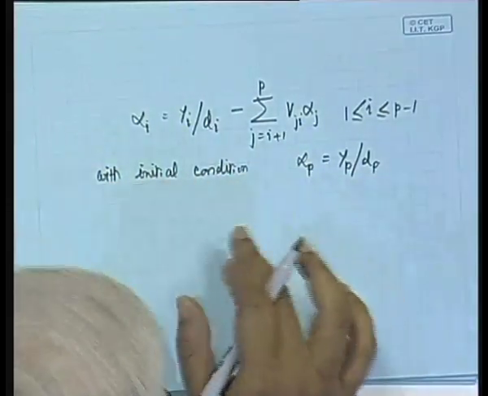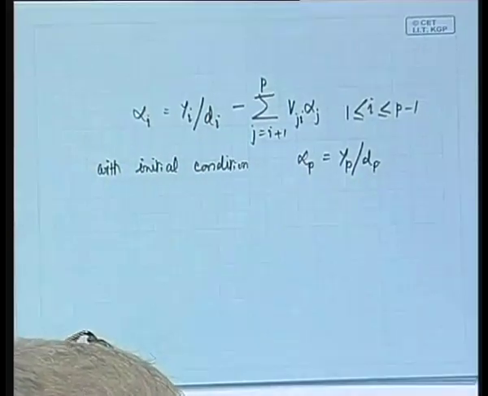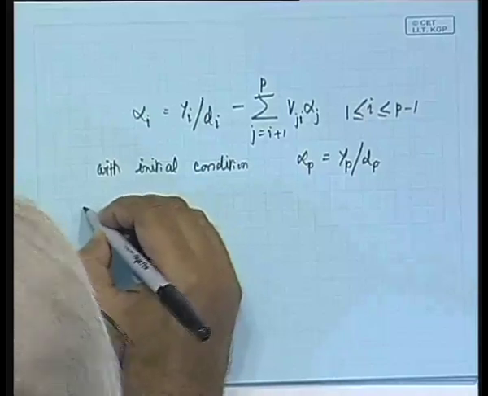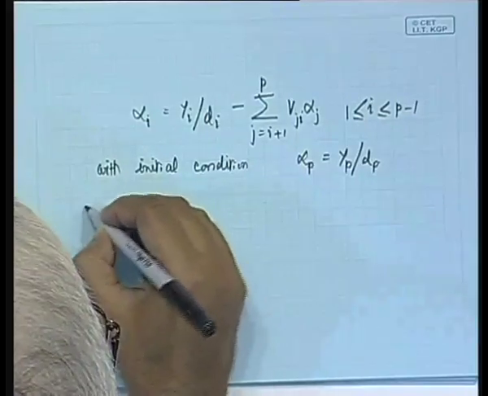Right. So now in this case, the index i proceeds backward from i is equal to p minus 1 to i is equal to 1.